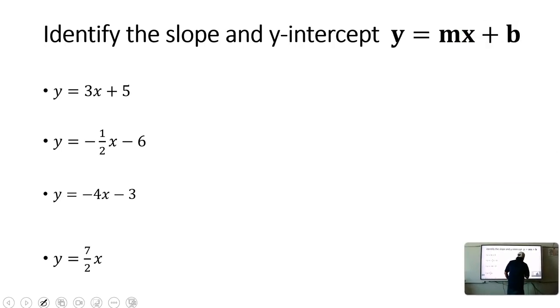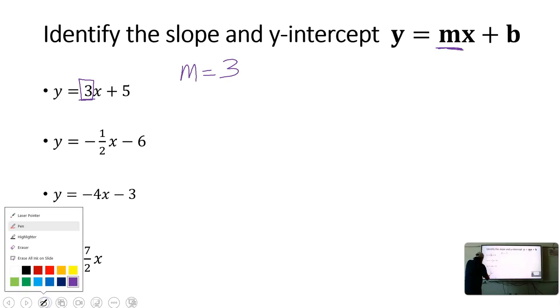All right, so we have y equals 3x plus 5. Where is the slope? Remember, the slope is in the m position, and the m position is right before the x. What's in front of the x? It's a 3. So my slope is 3, which means it has a rise of 3 and a run of 1.